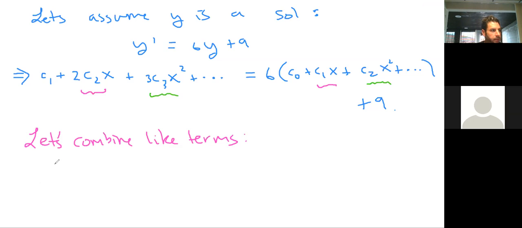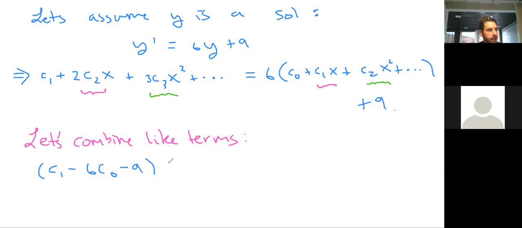So I'm going to write it like this. I'm going to have c sub 1 plus, excuse me, I have to be careful. It's not plus. It's going to be minus because it's coming to the other side. So I have c sub 1 minus 6c sub 0 minus 9. That's my constant term.